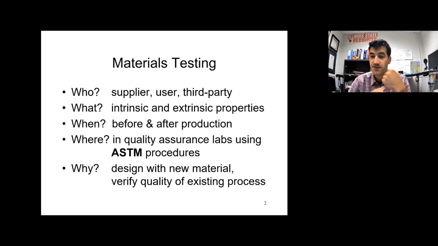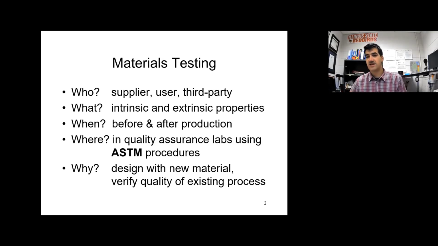The user, that would be, in the example, GE. GE is probably doing some testing as well to make sure that the material they buy is meeting their specs. And then also a third party. So this would be neither the supplier nor the user, but they might agree to send the product to an impartial third party test facility.